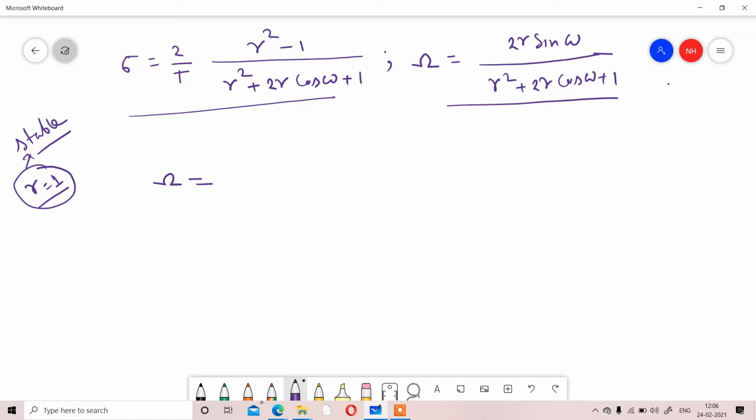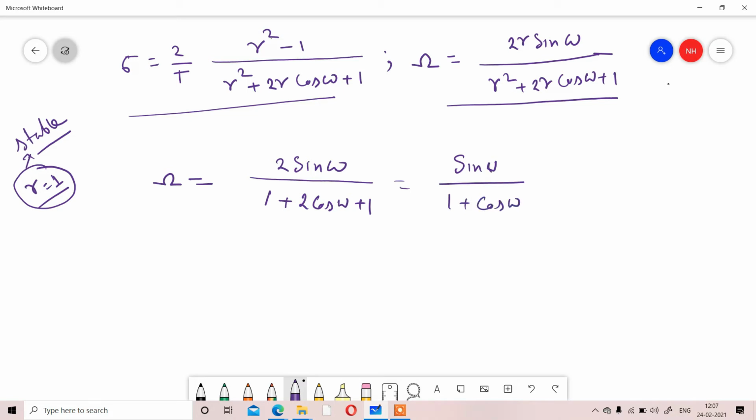So simply, the analog frequency omega will be 2 sine omega by 1 plus 2 cos omega plus 1. So if 2 is common, it will be simply sine omega by 1 plus cos omega.